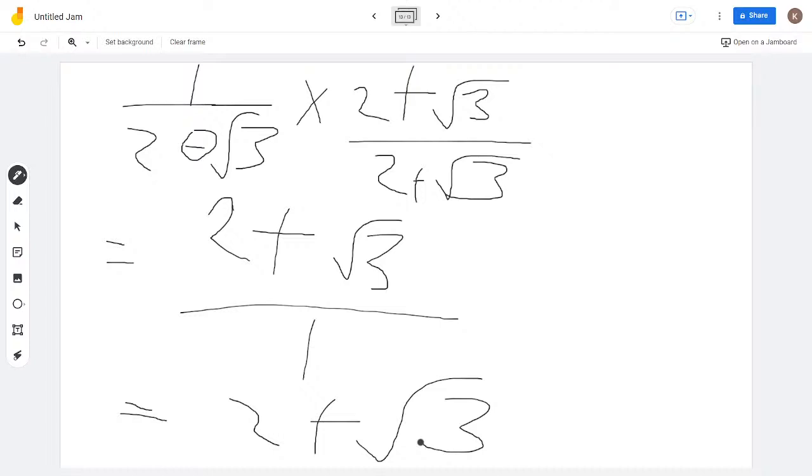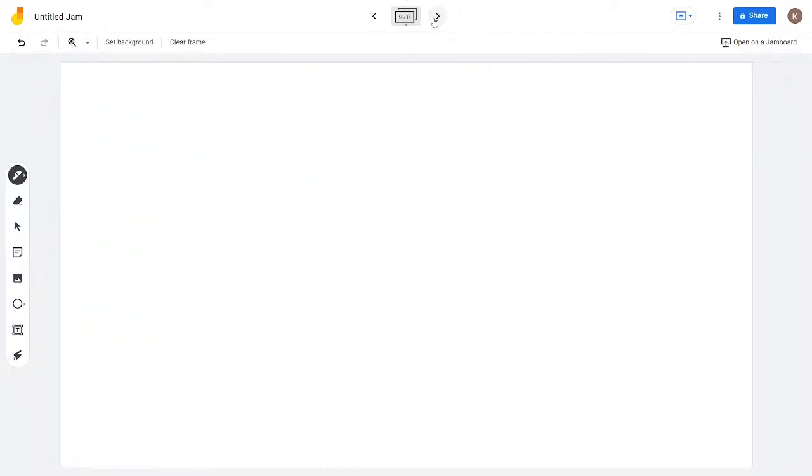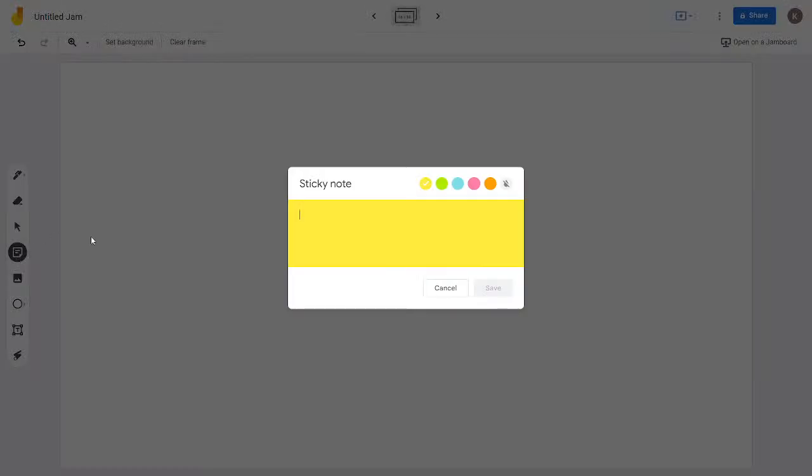Now let's move to the third subtopic of today's lesson, which is laws of exponents for real numbers.